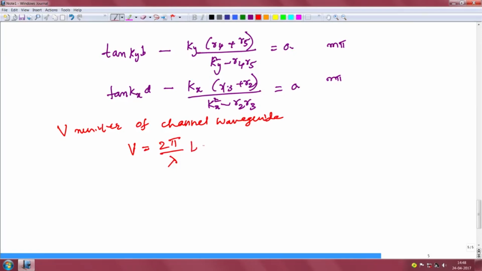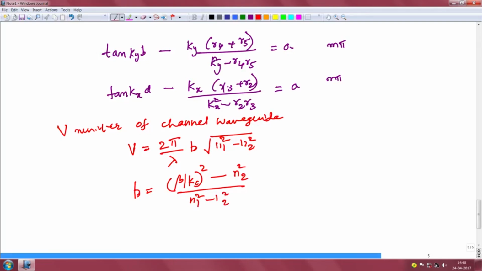We called it B in this discussion. It can be expressed as n1 square minus n2 square, and also the normalized propagation constant B in terms of the propagation constant beta, n2 square divided by n1 square minus n2 square.